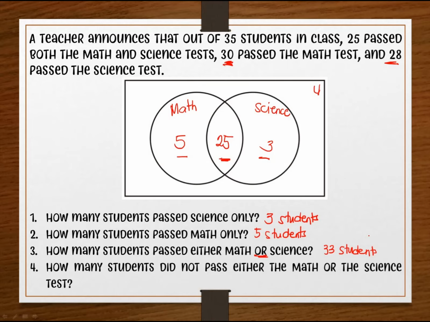As you see, the total of the entries inside the circles is 33. There are 35 students in a class, so by performing subtraction, we have 2 students. So 2 is written, by the way, outside the circles. It is still part of the universal set.